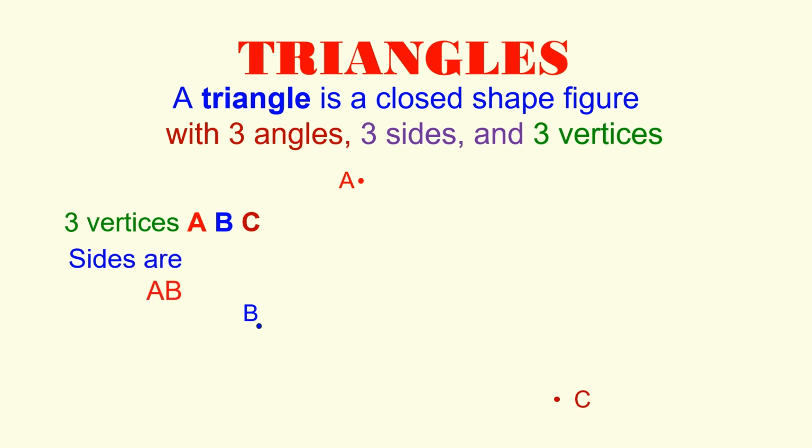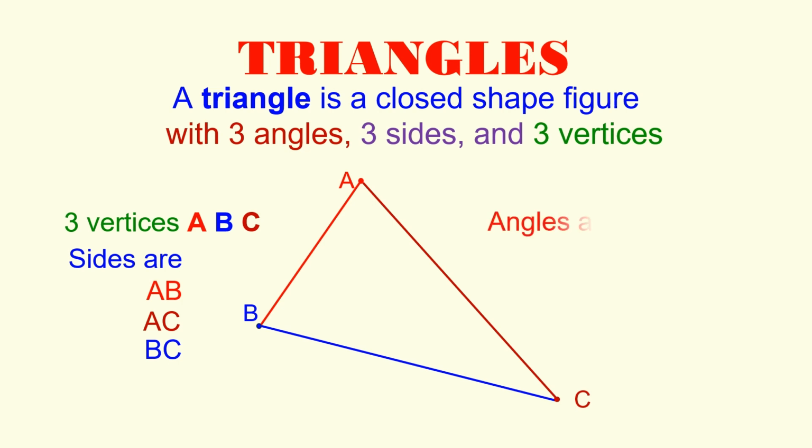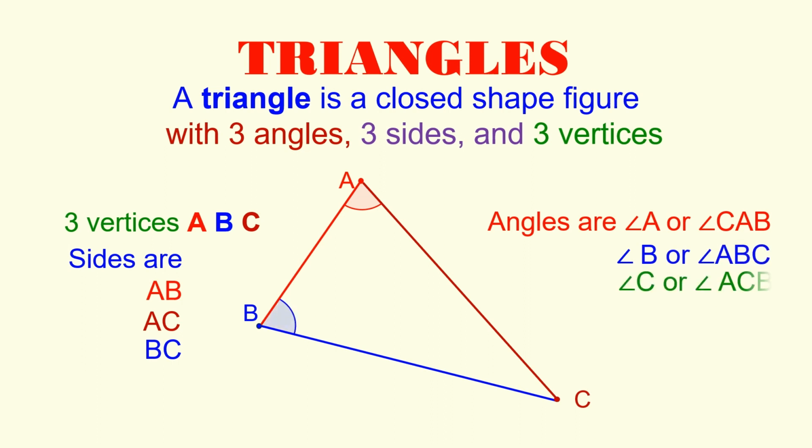The three vertices are A, B, C. Sides are AB, AC and BC. Angles are angle A or angle CAB, angle B or angle ABC, and angle C or angle ACB.